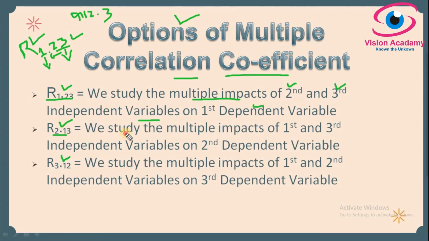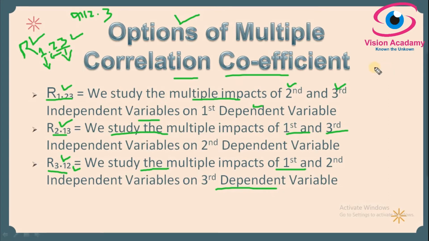We study the multiple impacts of the first and third independent variables on the second dependent variable. The same applies to R3.12. Here 3 is the dependent variable, and 1 and 2 are independent variables. We study the multiple impacts of the first and second independent variables on the third dependent variable.